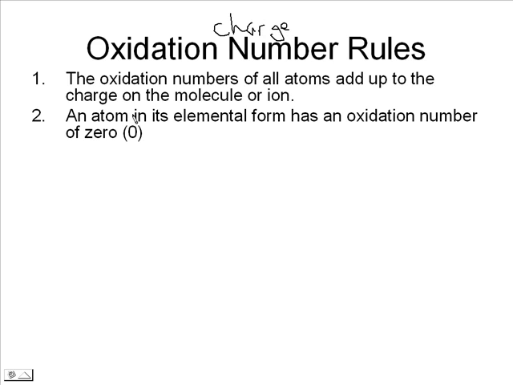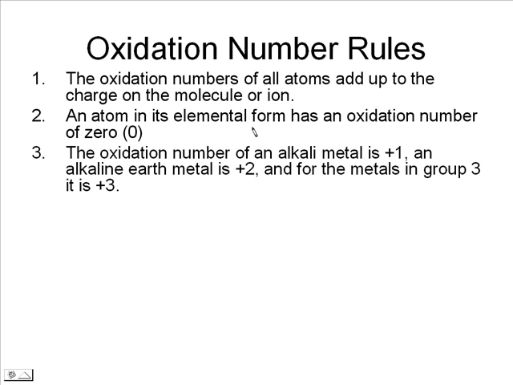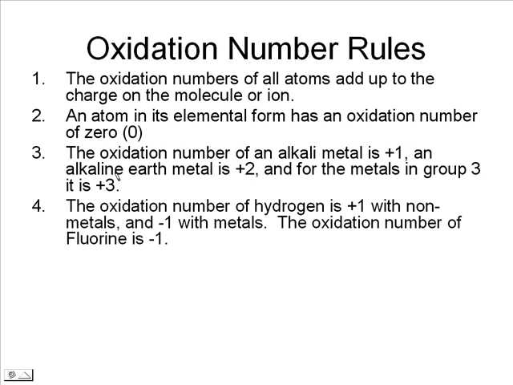So when we say an atom in its elemental form has an oxidation number of 0, it means its charge is equal to 0. We know that alkali metals have an oxidation number, or a charge, of +1. Alkaline earth metals are +2, and then the boron aluminum group is +3. Here's where it starts to get a little bit trickier. Not really, though. This isn't too hard.